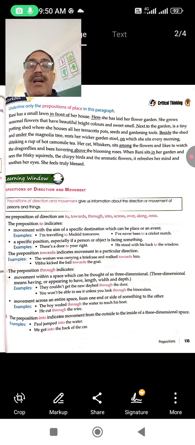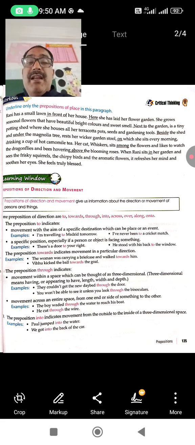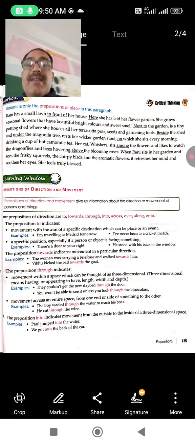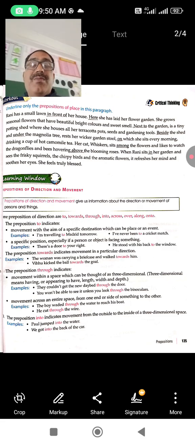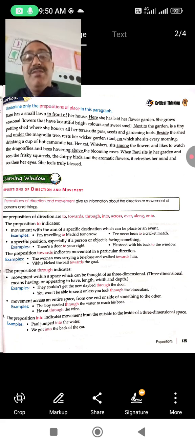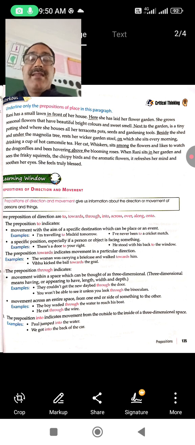For example, I am traveling to Madrid tomorrow. I have never been to a cricket match. Next, it is used for a specific position, especially if a person or object is facing something.